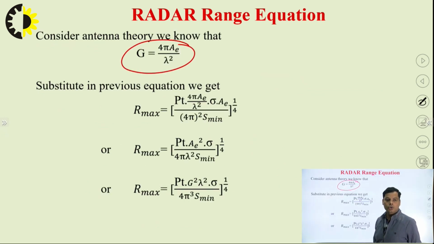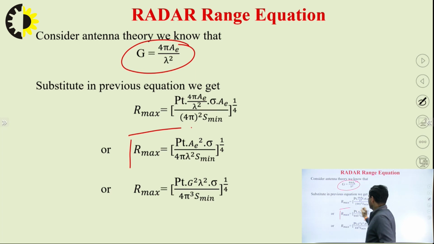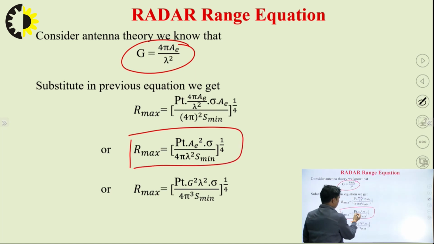When we put this value into the previous equation, R max becomes Pt into 4 pi Ae upon lambda squared into sigma into Ae upon 4 pi squared S min, raised to power 1 by 4. After simplification, in terms of effective area, R max becomes Pt into A squared into sigma upon 4 pi lambda squared S min, raised to power 1 by 4.